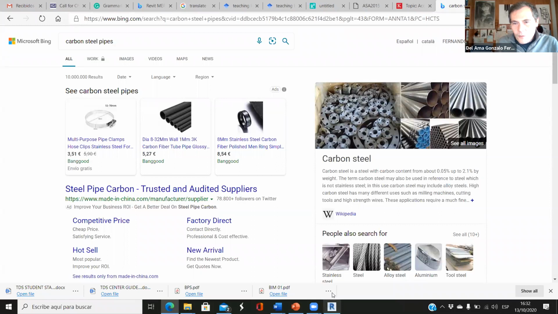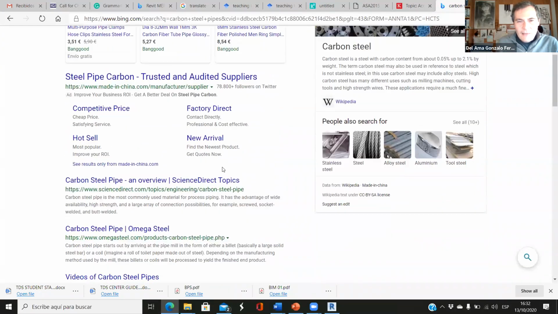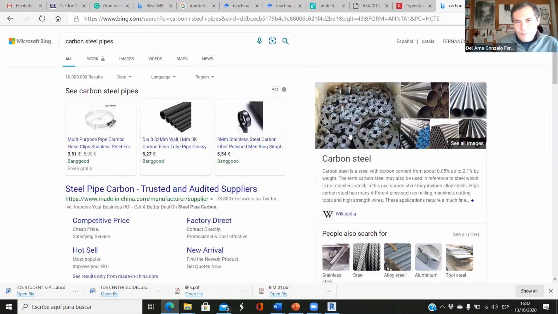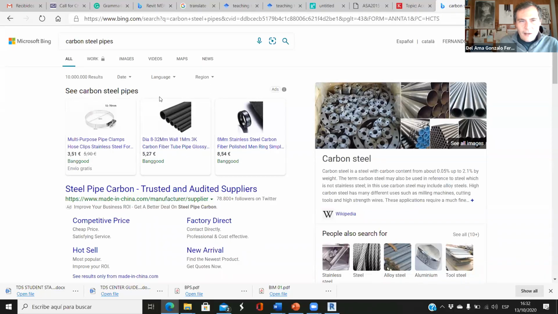Yeah. Well, you might find some of those, but steel pipe carbon, I think it's too expensive. So probably you might find something like that, but in single family houses, you won't find carbon steel pipes. I think they are too expensive. So we can use copper.